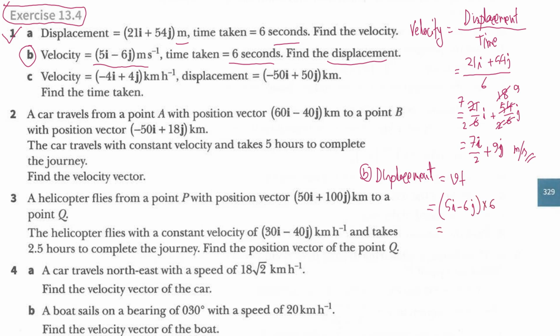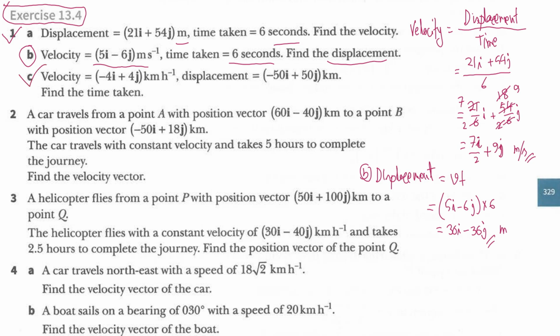So just multiply and remove the bracket: 5 times 6 is 30i minus 6 times 6 is 36j. So this is our displacement vector, and its unit is meters because displacement has no time in it. Hope you understood the way we did the question.